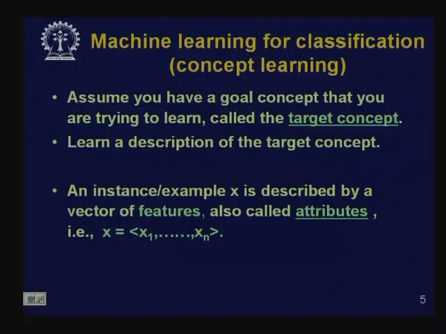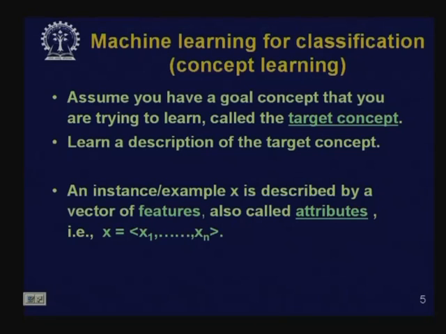You want to know whether a given object is an apple or not, or you are given an image and you want to know whether this is an image of 0 or not. So, your objective is to learn a description of the target concept, and what you are given is a set of examples which we call the training set.